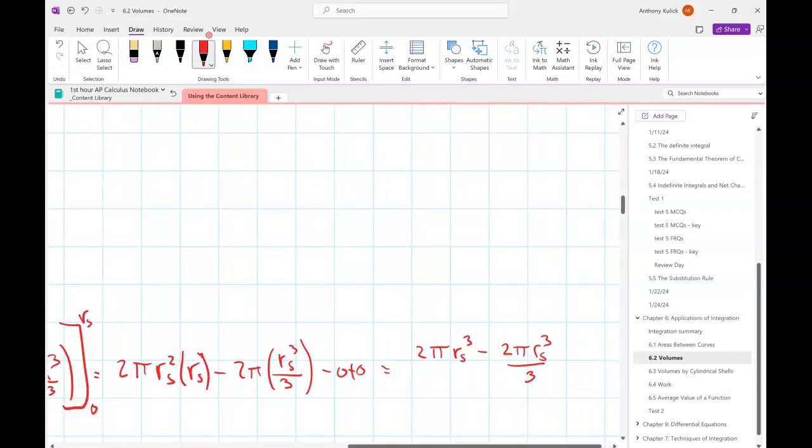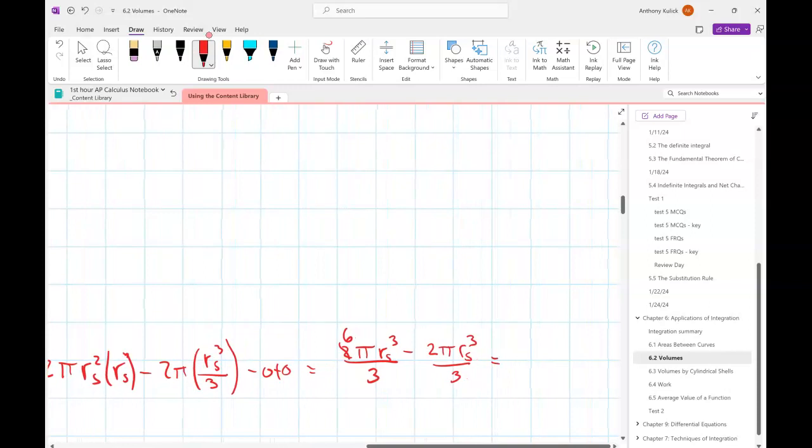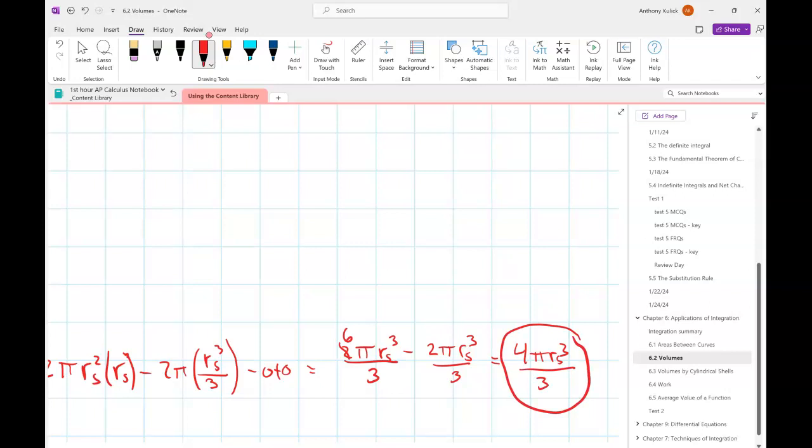So I need to make a common denominator. So that 2 will just become 6 over 3. Now everything has a common denominator, and there are like terms, pi r cubed, pi r cubed. So 6 pi r cubed minus 2 pi r cubed becomes 4 pi r cubed, which is what we're looking for.